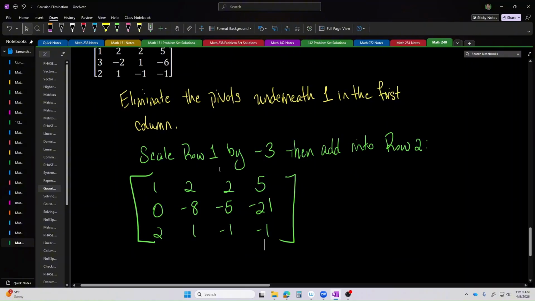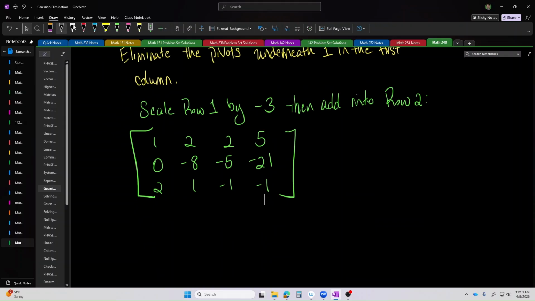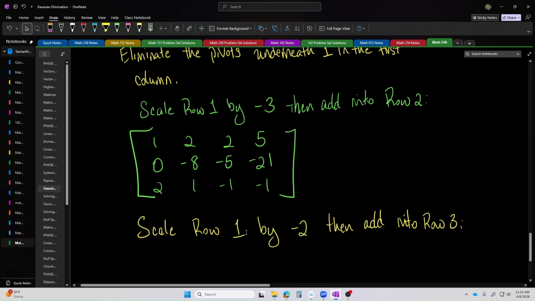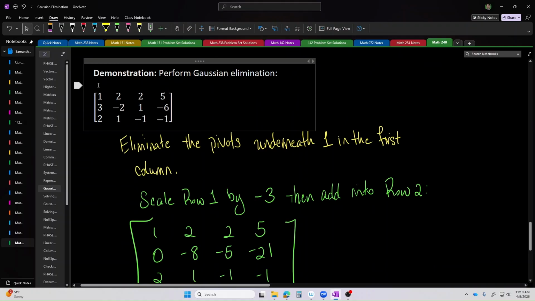I'm going to scale row number 1 by a factor of negative 2. Because if I scale row 1 by negative 2, then that's going to turn this 1 into a minus 2, which will cancel out this positive 2 down here in the third row.